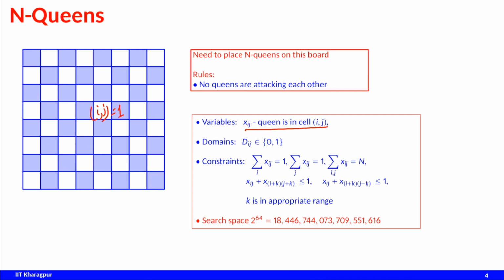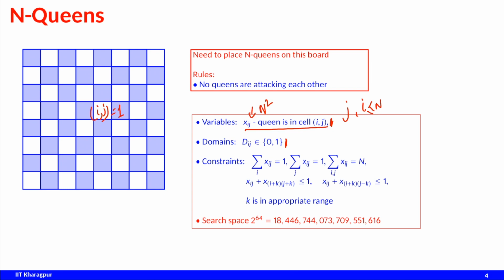So we define the variables and we define the domains for each of those variables. You can easily understand that if it is 8 cross 8, or n cross n, then i will be less than or equal to n. Similarly j will be less than or equal to n. So effectively we are defining n square variables.